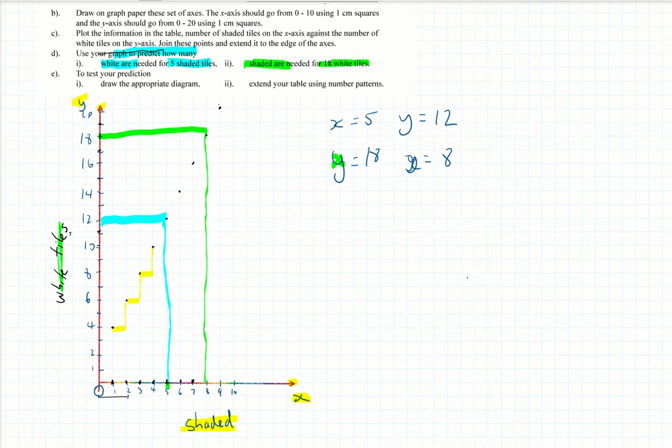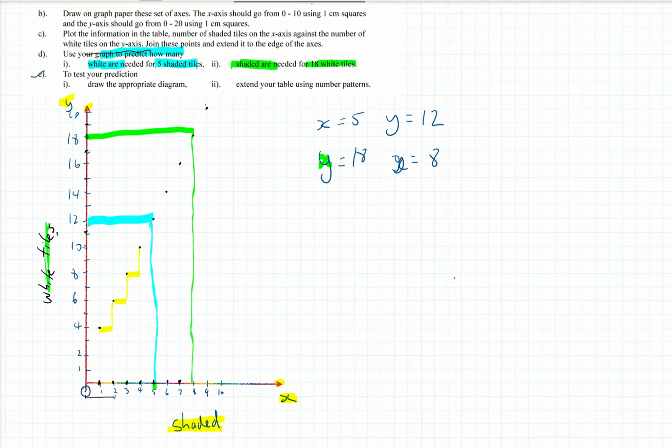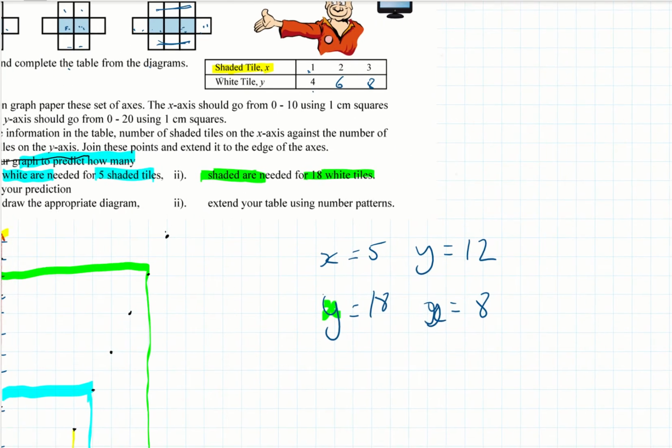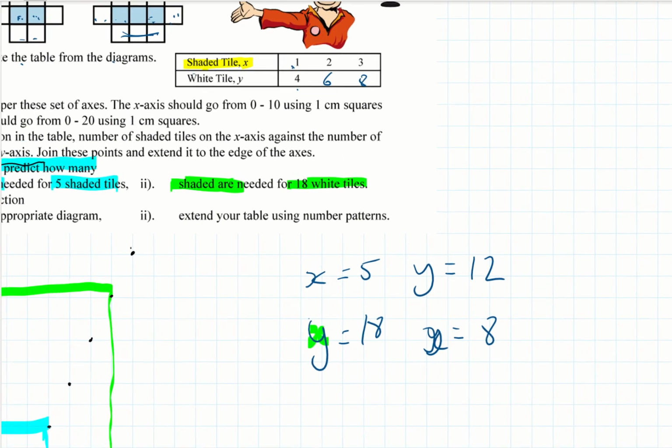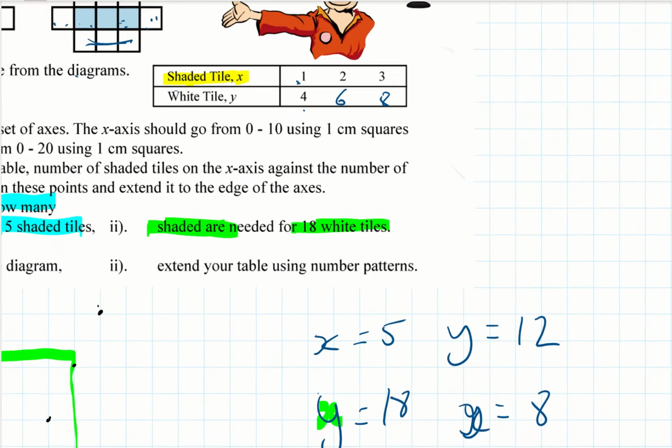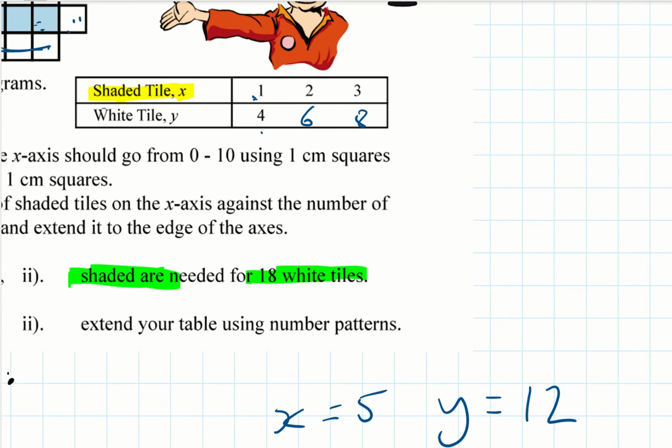Now, the next bit says to test your prediction by doing some stuff. But because we've got the skills from before, we want to use our algebra to check it out. When I'm looking at the rule here, there are two ways I can do it. One is from the stuff that we've been doing before. Because it's going up in twos, we know that this rule is going to be y equals 2 times whatever x is.